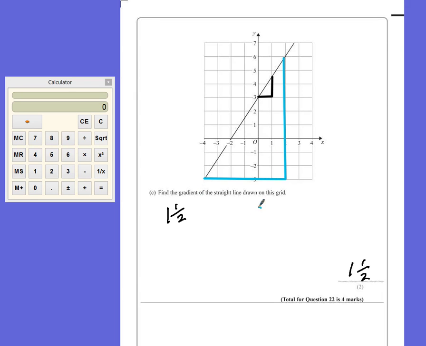So I'm going to do 9 squares up divided by the number of squares across. 1, 2, 3, 4, 5, 6. 9 divided by 6 will tell us how many squares up it goes per square across the bottom, which in this case would be 1.5.